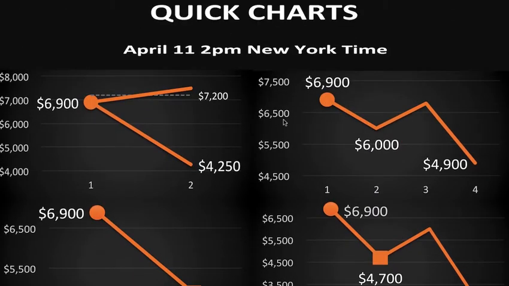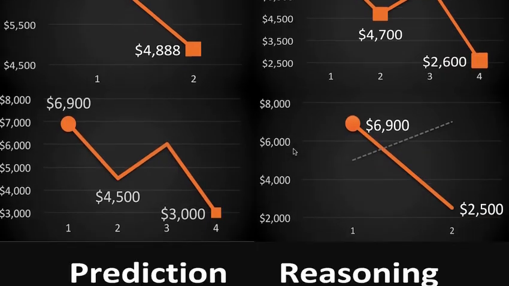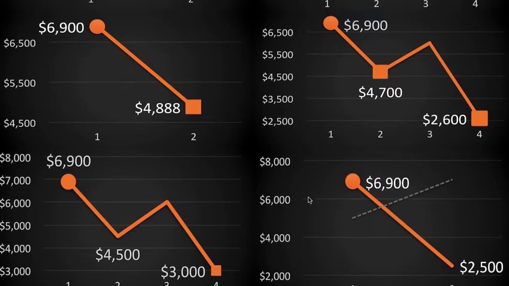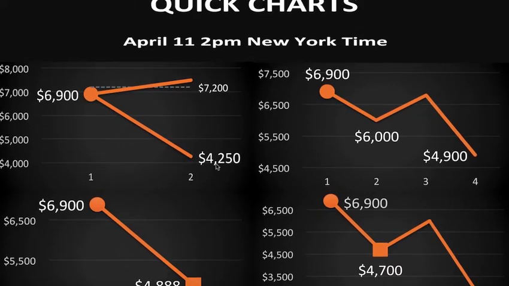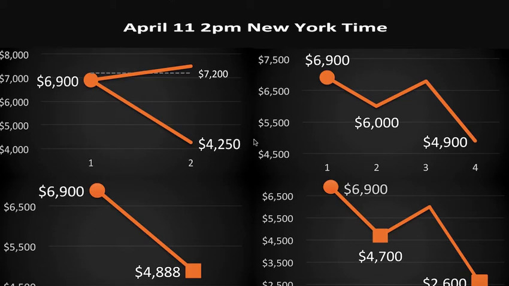So if you look at the Quick Charts overall, the next major price move is somewhere in that 4,500 price range. One analyst has 2,500, but he didn't mention if there's anything intermediate, but we will get into detail. So that is the overall trend of the analysts that we have today. They are all bearish. I didn't have any bullish analysts today. I will update you on that report as well.